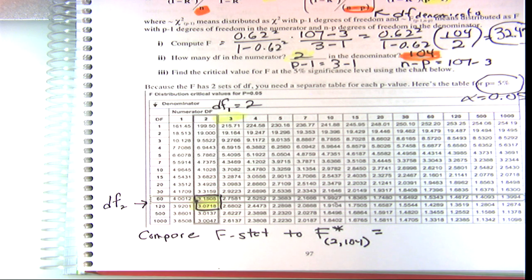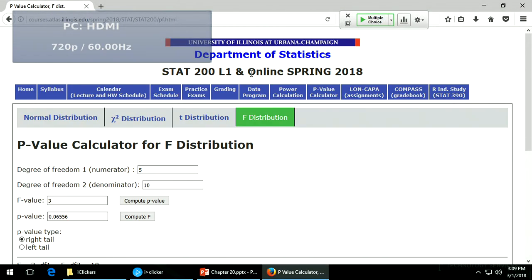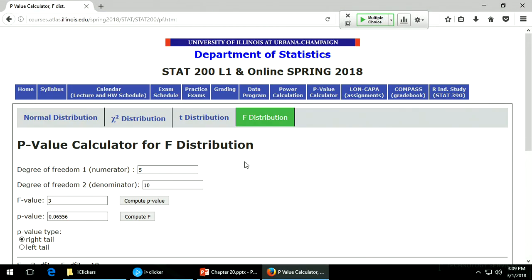Let me show you how you would do it. You would go to here, and you would say, okay, we're going to the F. 2 degrees of freedom in the numerator, in the denominator we have 104. And if we wanted to find the critical value, we'd have to compute an F for the critical value of that.